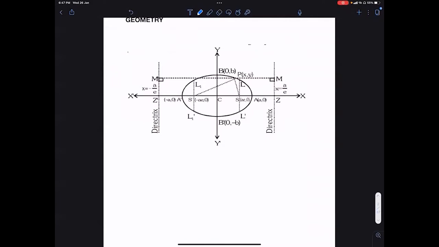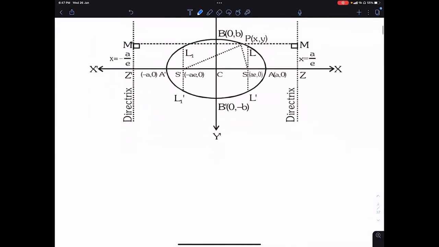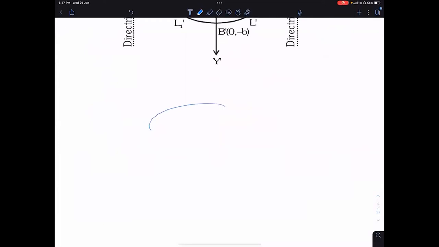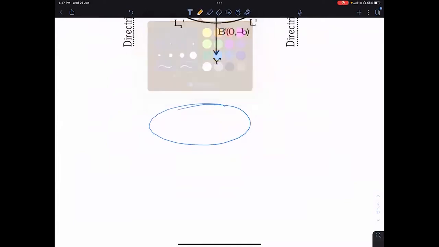So now, when it comes to geometry of the ellipse, this is how it is. The ellipse will be symmetrical about two lines. So this is one line of symmetry. You can see from the figure itself, it is symmetrical about these two lines.